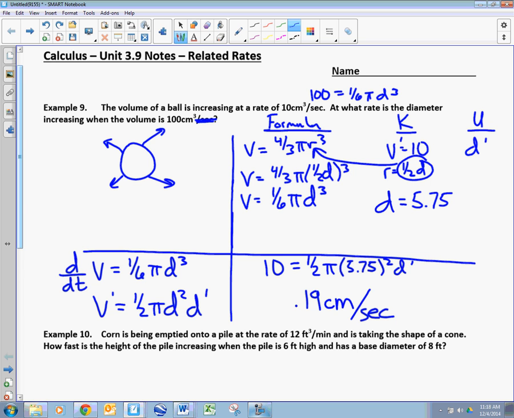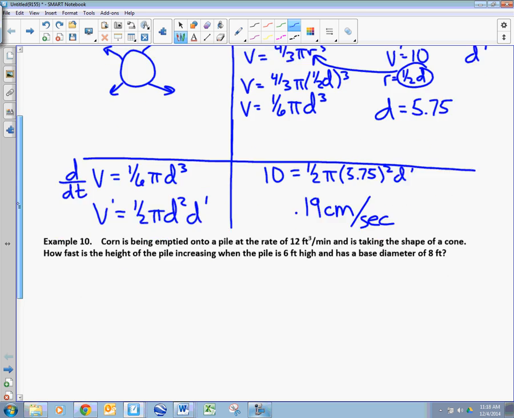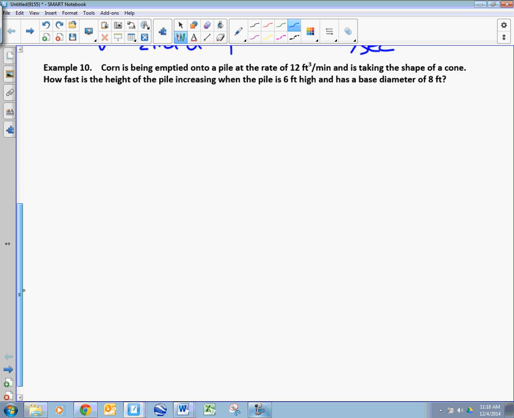I could either put 100 in this top equation or into this one. I like this one better because it's already solved for d, or it contains d. So I just multiplied by 6, I divided by pi, and I cubed root both sides, and I got 5.65. Better? Okay. I promise you're going to have to do a problem like that come time for your test.